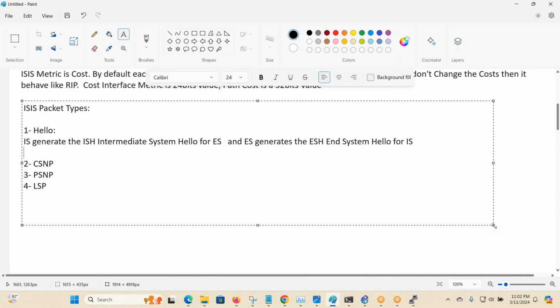Then we have a third type of hello which is called IIH, intermediate system to intermediate system hello. It is used to establish the neighbor relationships.